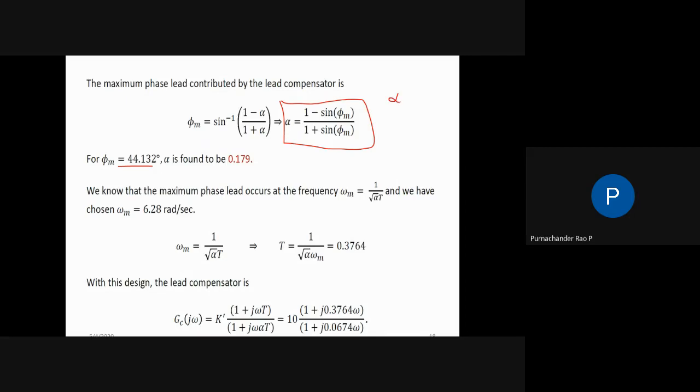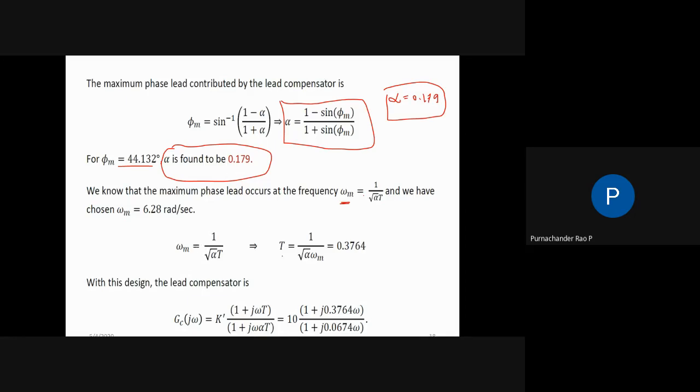So alpha will be equal to 0.179. This value we are getting from the maximum phase angle. Now we know that the maximum phase lead occurs at a frequency omega m equal to 1 by root of alpha into T, and we have chosen omega m equal to 6.28, so 6.28 is equal to 1 by (root of alpha times T).